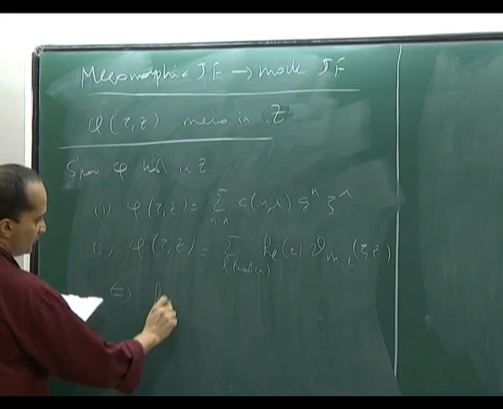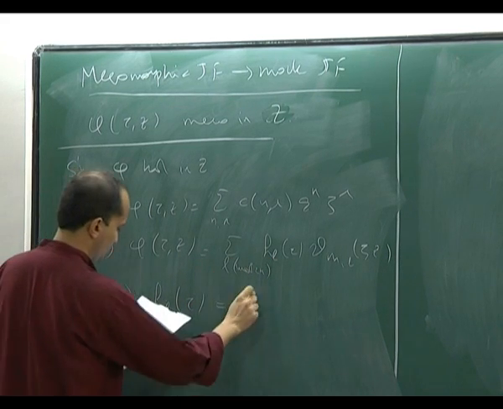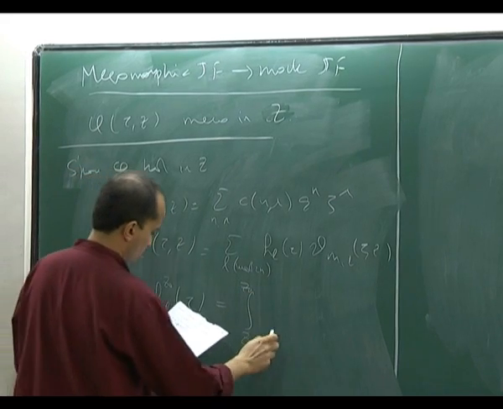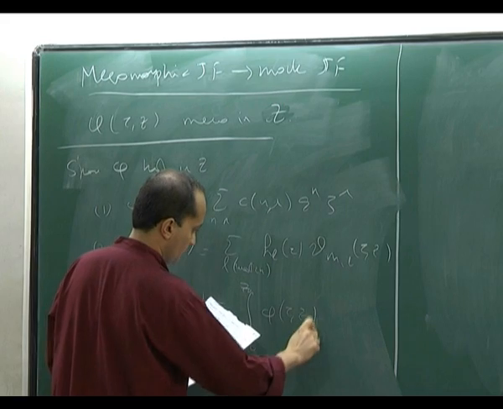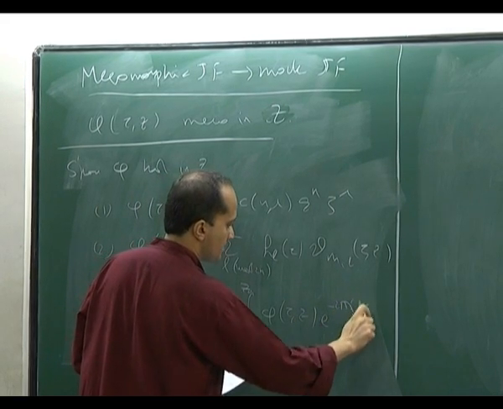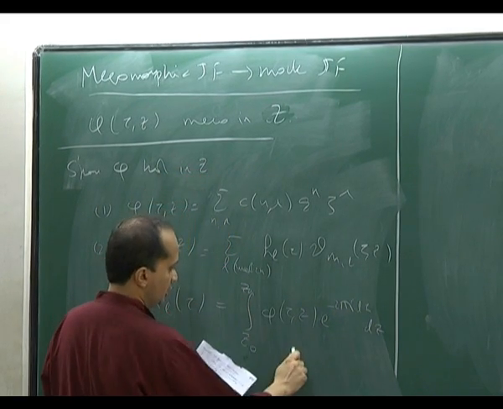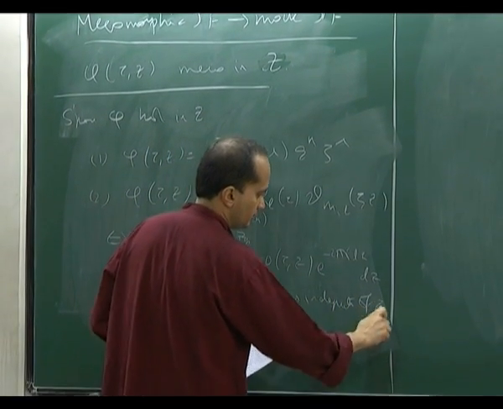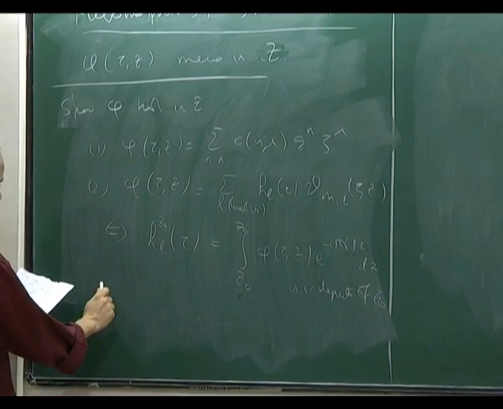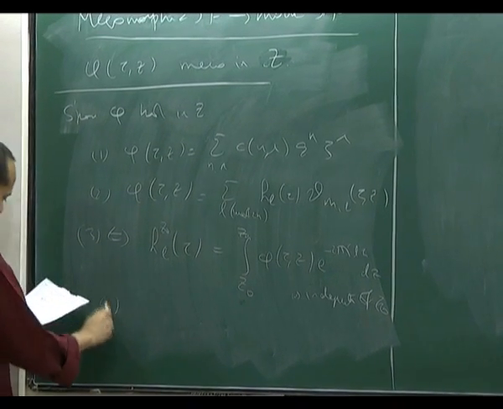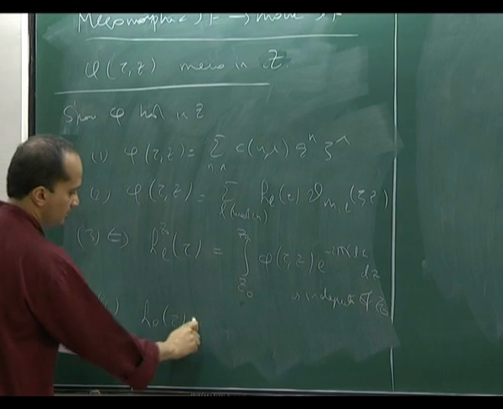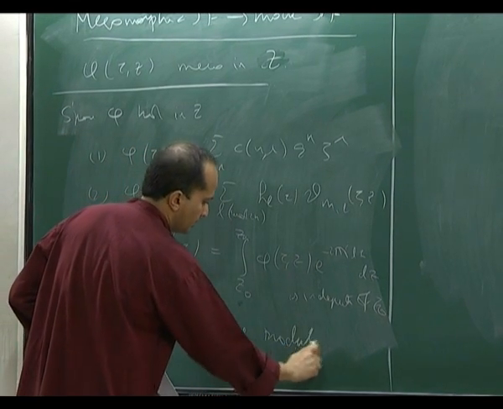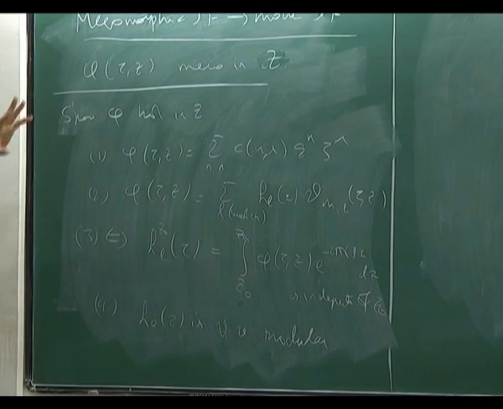You can invert the theta expansion to get these coefficients, where now I'm being careful about the contour of integration. All these formulas you already saw, and this is independent of z naught. H of L is vector valued modular.